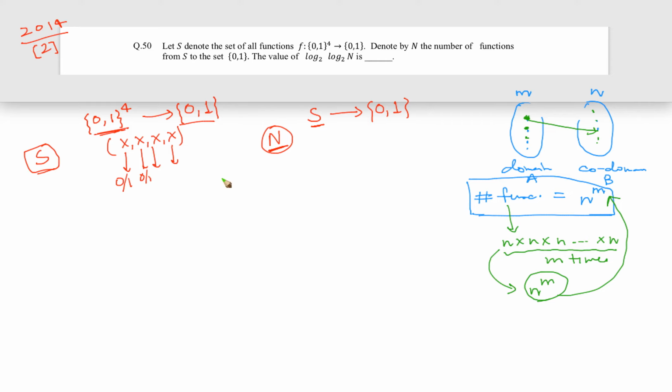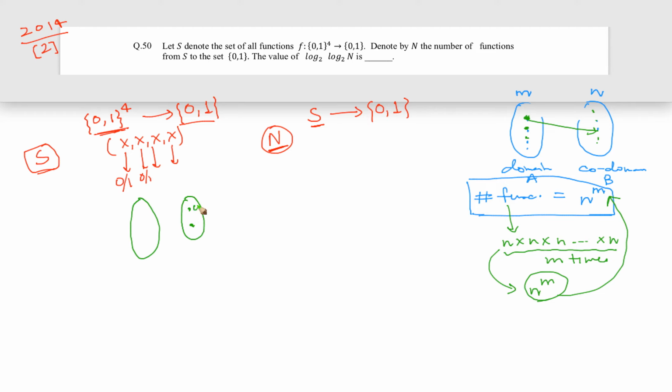If a particular set, let's say this is there, and let's say this is there. In this case, how many elements are there in this set?